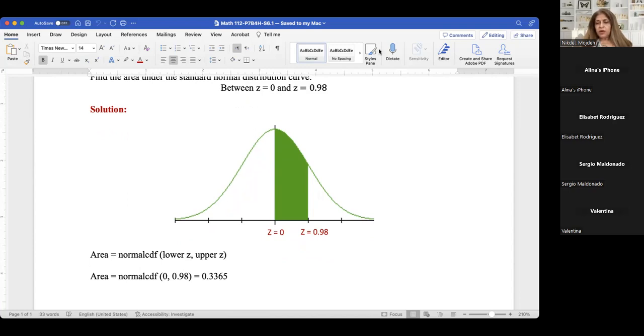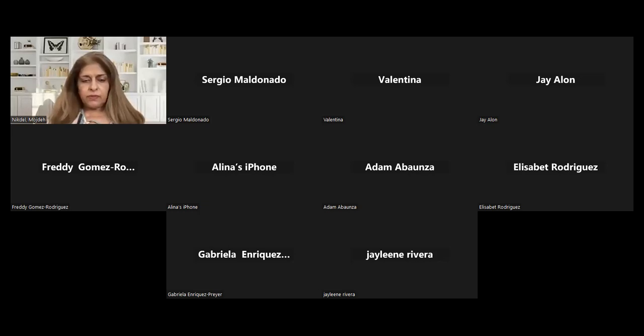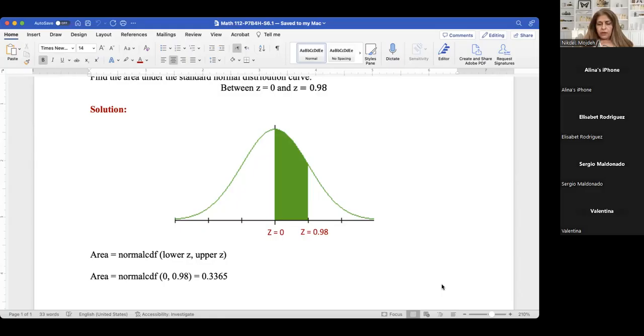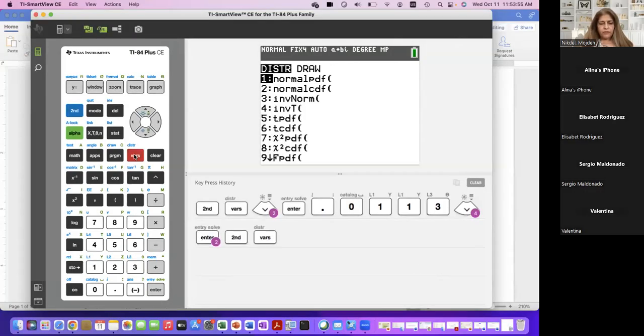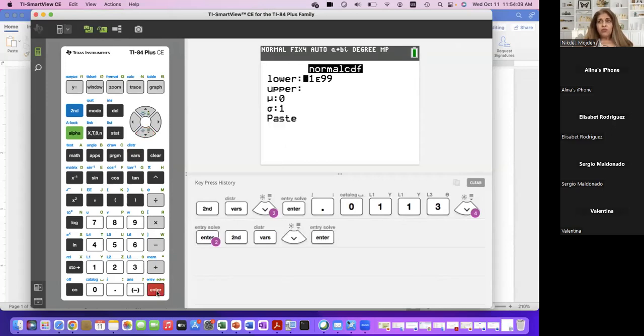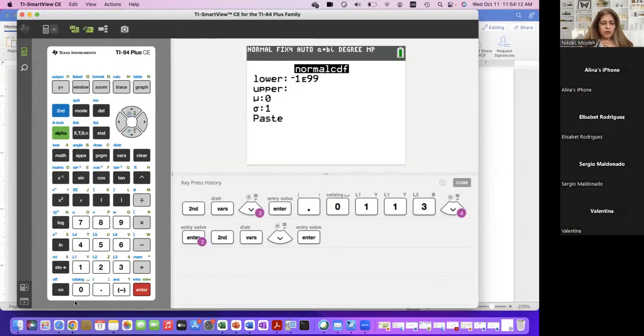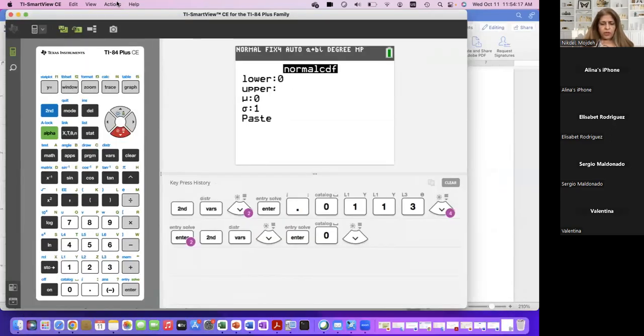Okay, let me share my calculator. So you go to distribution, normal CDF, not PDF. In this class, we don't use normal PDF, only binomial PDF. Normal CDF, lower was 0, upper was 0.98.